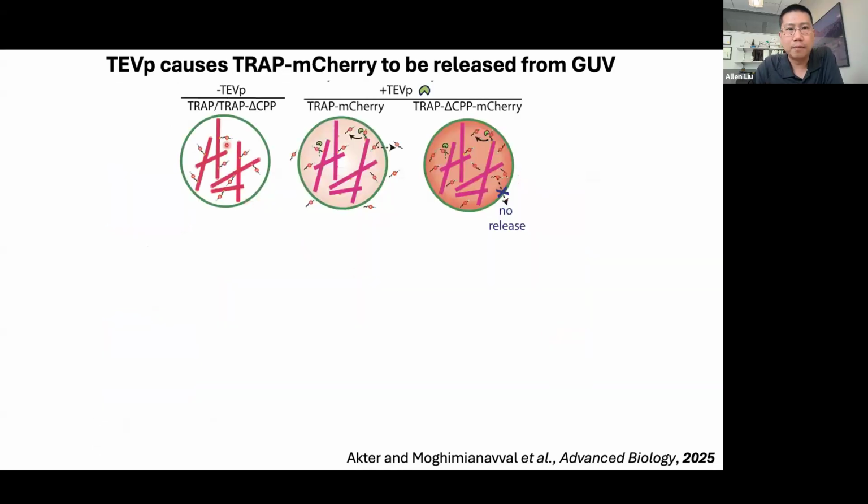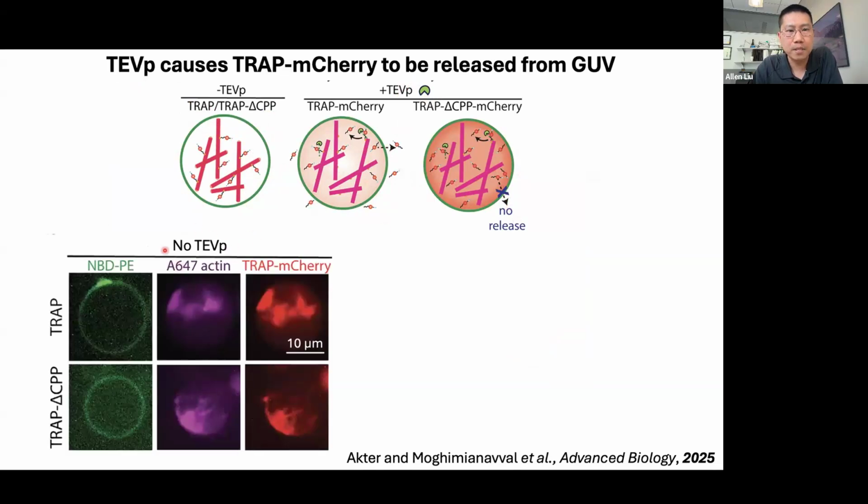The next thing is we want to test if TEV protease can cause the TRAP cargo to be released from GUVs. The experiment involved encapsulating TEV protease in the GUV system, and we expect no release if there's no CPP, and release if there's CPP. In the absence of TEV protease, we see colocalization of the actin and the TRAP cargo, just like before, with and without CPP.